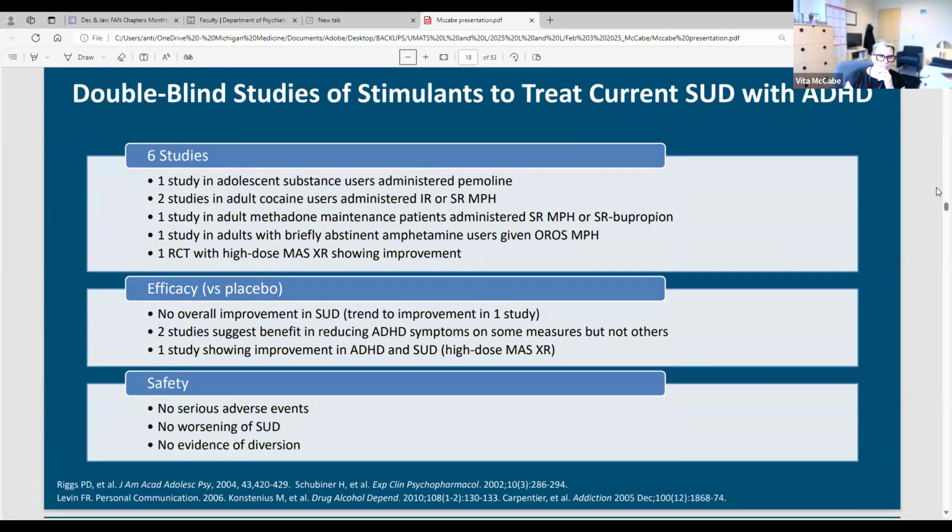And it was Frances Levin's study that really showed improvement in ADHD and substance use disorders using high-dose methylphenidate XR, well above FDA recommended levels. No serious adverse events in these studies, no worsening of substance use disorder, and no evidence of diversion, at least in these randomized controlled trials in a controlled setting. Next slide.